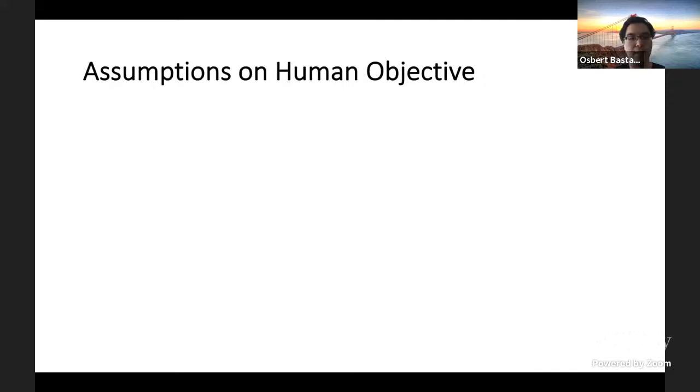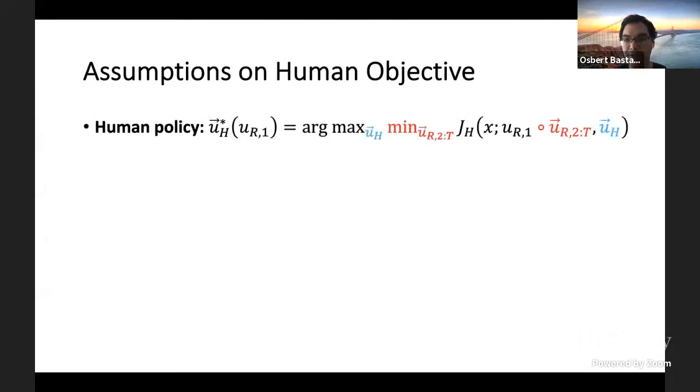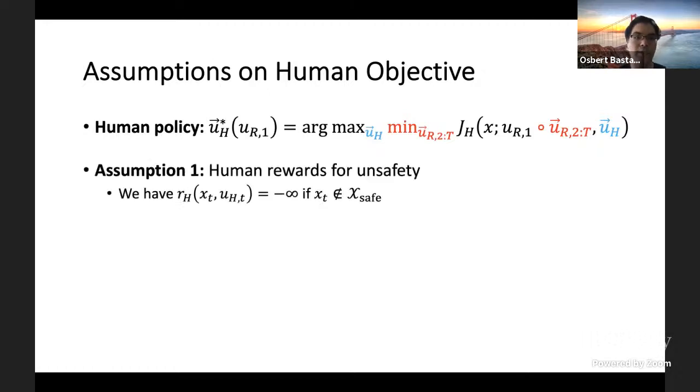Okay, so next I'm going to go into details about some of the key assumptions we make about both the human reward function as well as the human objective. This is the maximum objective that the human is acting according to, and we're assuming that they actually follow this strategy.